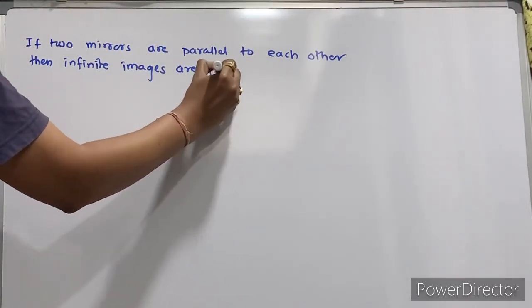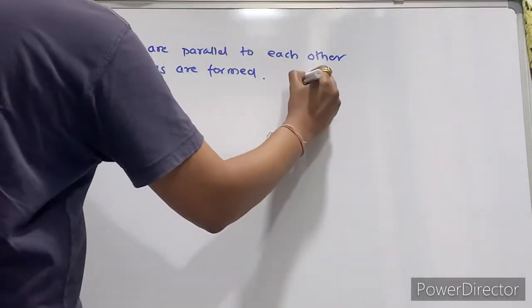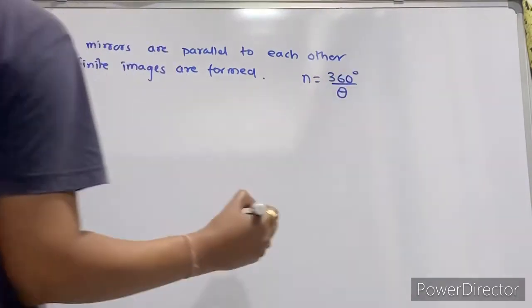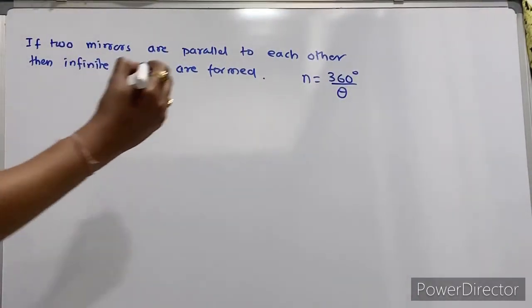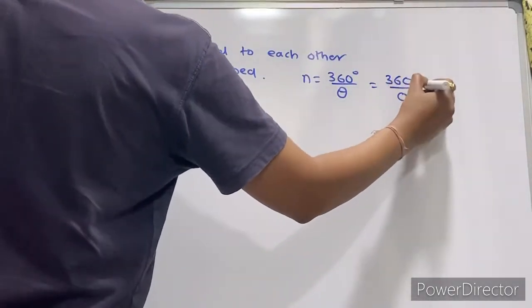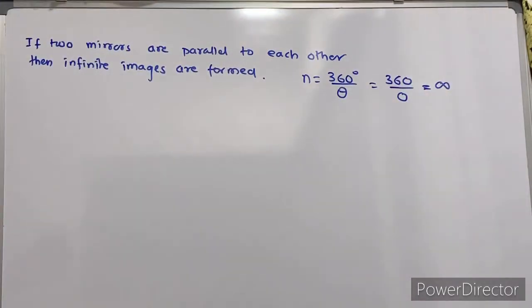Check how. You have n equal to 360 degrees upon theta. But when two mirrors are parallel, theta equals 0. This is 360 upon 0. Anything upon 0 is infinity. Therefore, infinite images are formed.